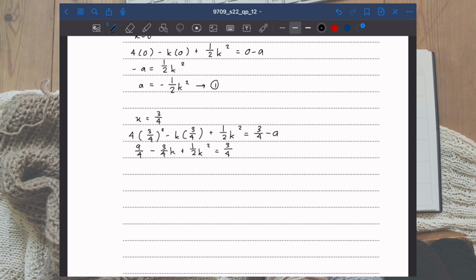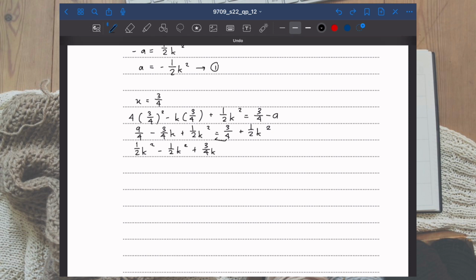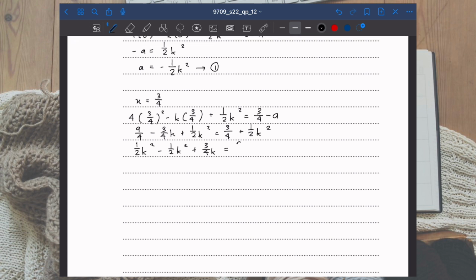And our negative a earlier was half k squared, so plus half k squared. I'm going to move all the k's to one side of the equation, so half k squared minus half k squared plus 3 over 4 k. Then I'll move 3 over 4 to the other side of the equation, so I'll get 9 over 4 minus 3 over 4.